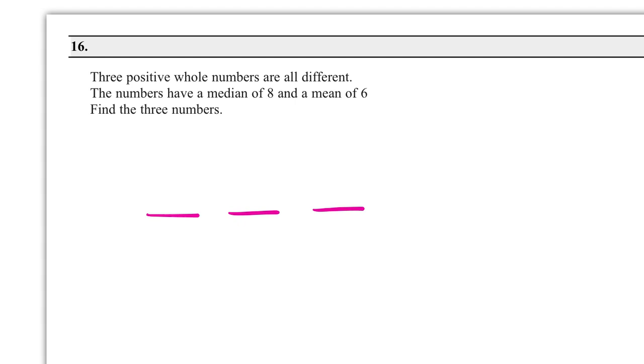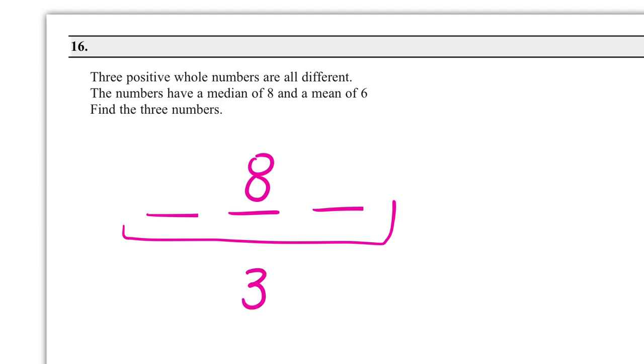That means the middle number is going to be 8, absolutely. If it has a mean of 6, that means when I add them all up, divide it by 3, I'm going to get 6. So what does that mean my total adds up to? 18, absolutely. So that means these three numbers have to add up to 18.